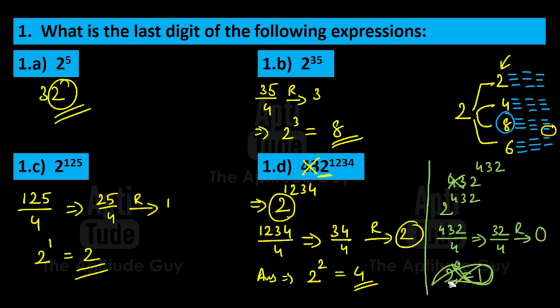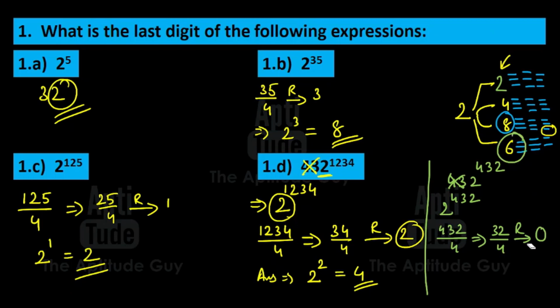Absolutely not. 2 to the power anything other than 0 does need to end with 2 or 4 or 8 or 6. It has to end with one of these. So please understand, when the remainder is 0, that signifies that the cycle is complete. And which number completes the cycle of 2's powers? The number 6.